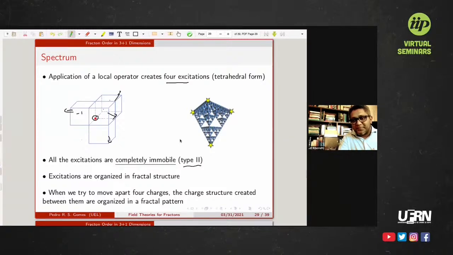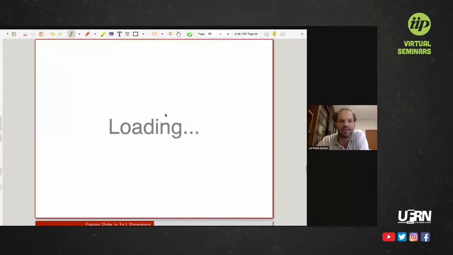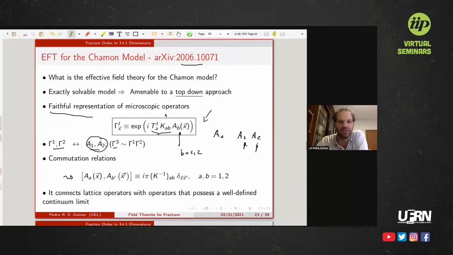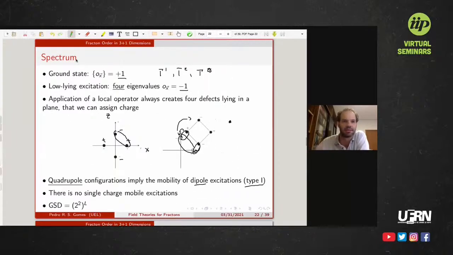Let's go back a little bit to the case of the Chamon code, just to contrast. Let's consider this case. Here we have a very symmetric form of excitation, so you can use this configuration to produce mobility.